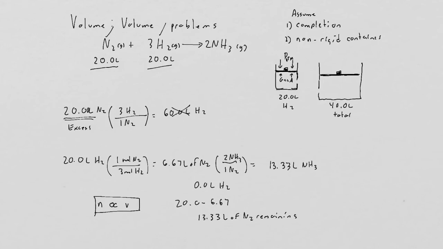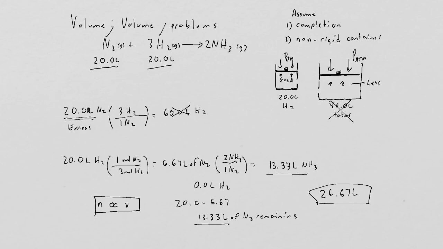When you're done with this reaction, there'll be less volume. If you think about this, the reality is we now have fewer molecules in the container. That's why the volume will be smaller. Because there are fewer molecules in there and the pressure of the atmosphere really has not changed at all, the pressure of the gases inside is going to be less than it was initially, and so the volume is now going to change.